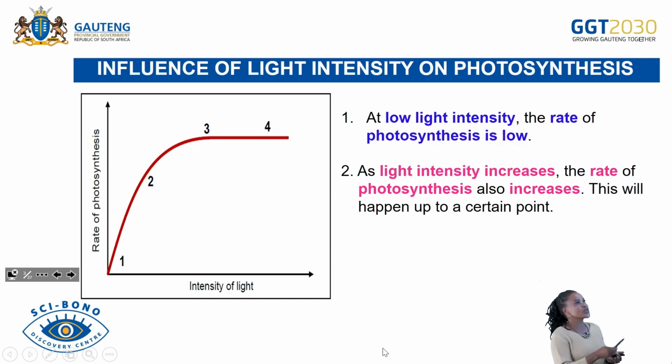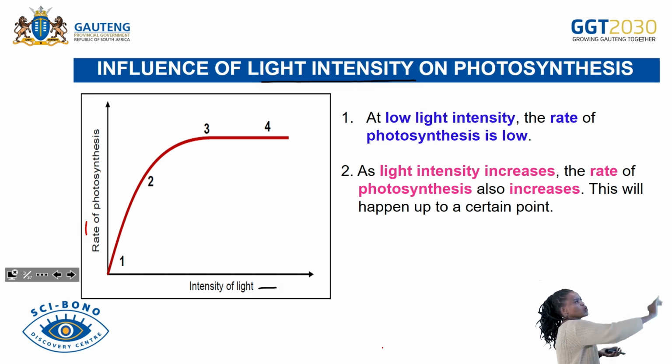Now let us look into how light intensity can affect the rate of photosynthesis. Now let us look into this graph. This graph is talking about the light intensity versus the rate of photosynthesis.